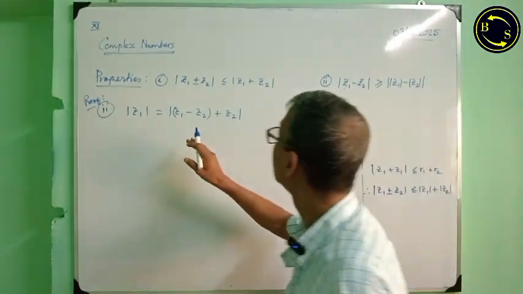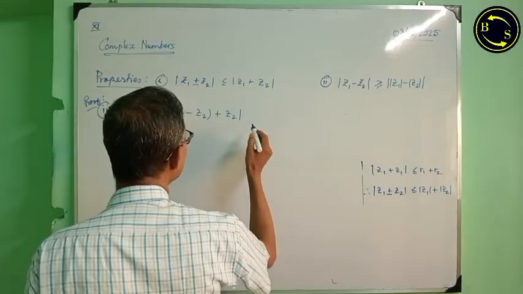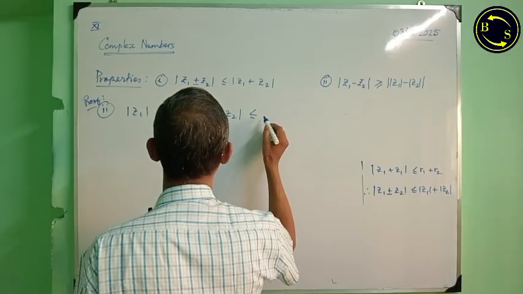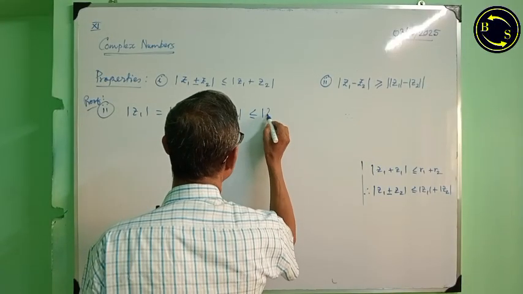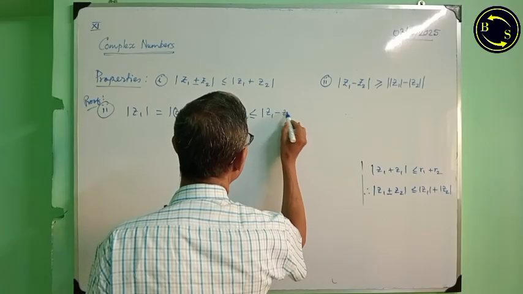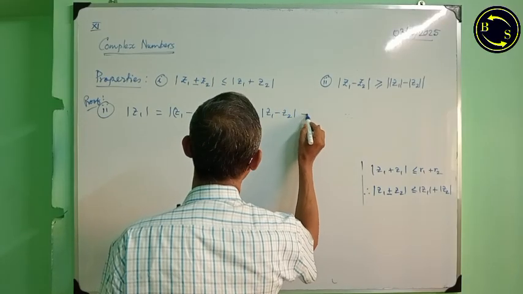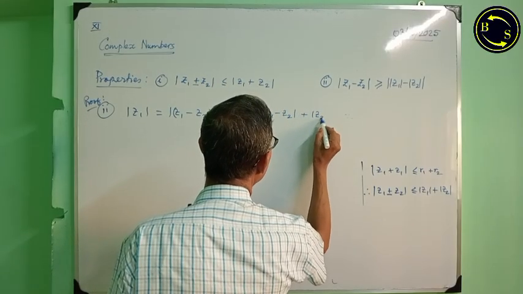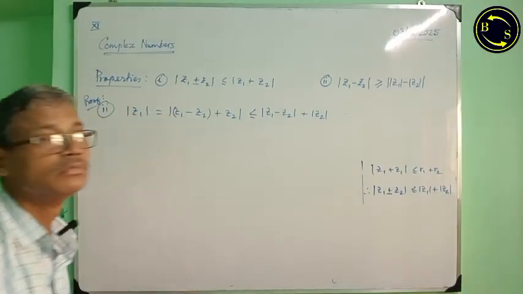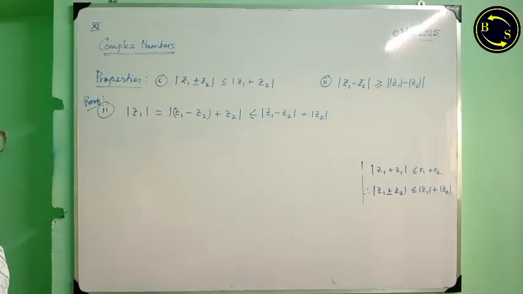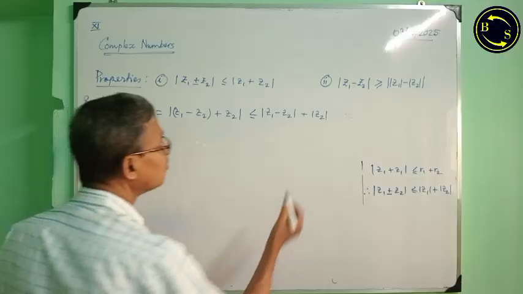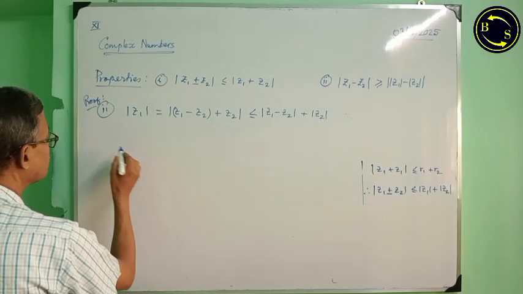Now, if I use this property, it will be less than or equal to the sum of moduli, students will note. Now, we transfer this one to the left.